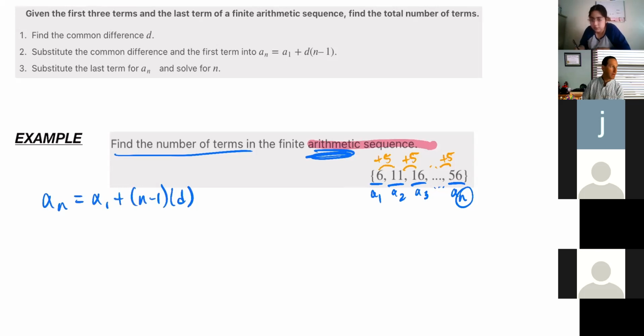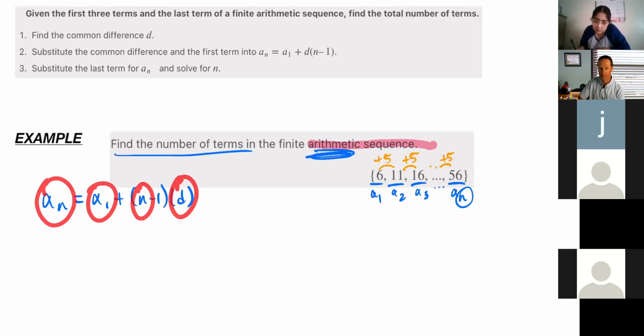And do you see how many unknowns there are? 1, 2, 3, 4. And of those 4, I need to know what? 3. That's correct.